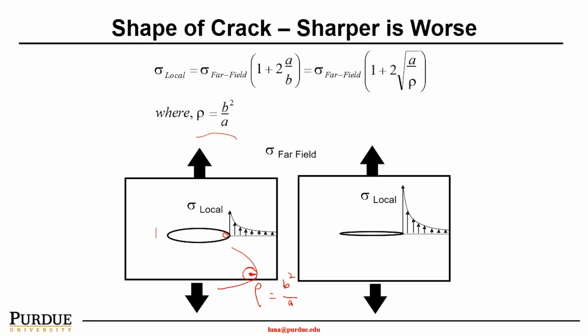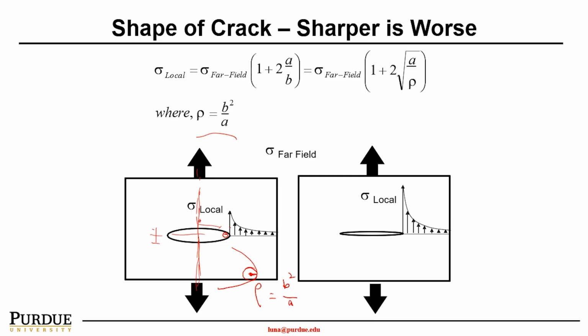Again, b is half of the height of the crack, and a is half of the length of the crack. The reason it's half is that, from a symmetry standpoint, you can think of this as two cracks put together.